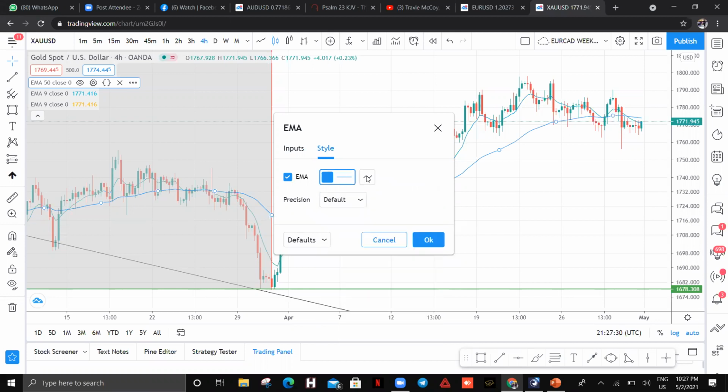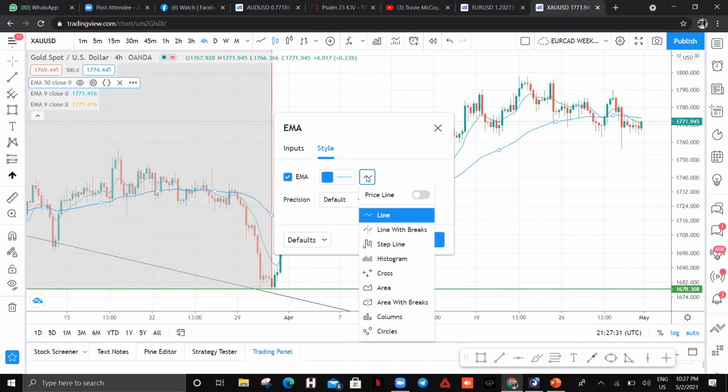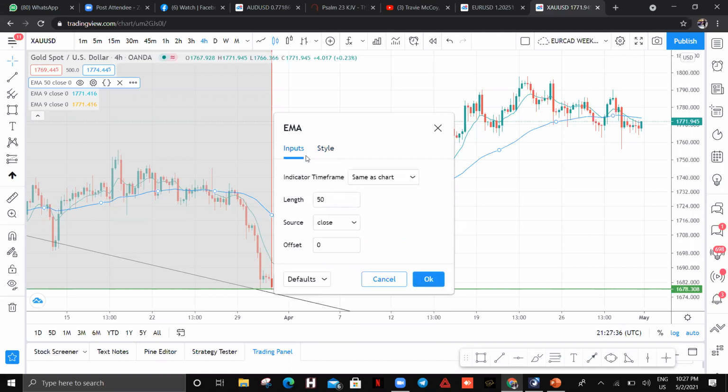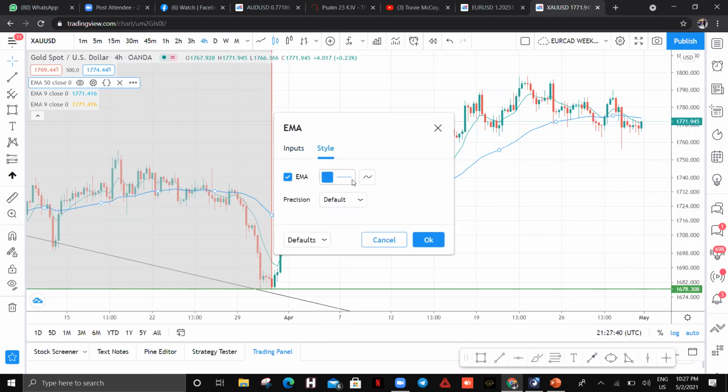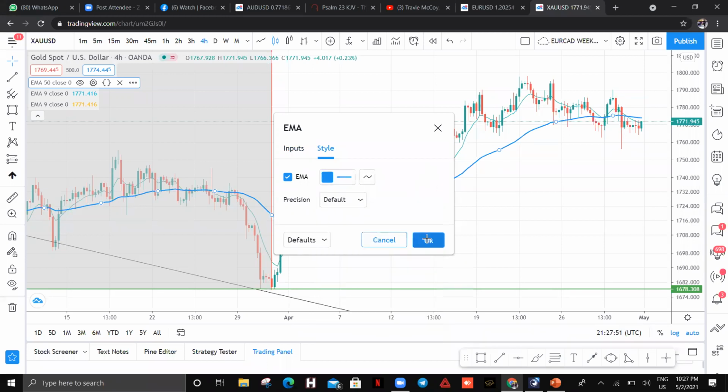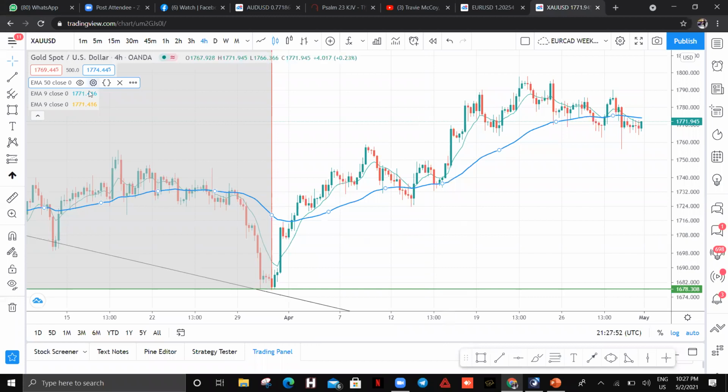This is for the color. If you want to make it thicker, you come here and you change the thickness of it, anyhow you want it. And you click on OK. So the 50 is now the blue.